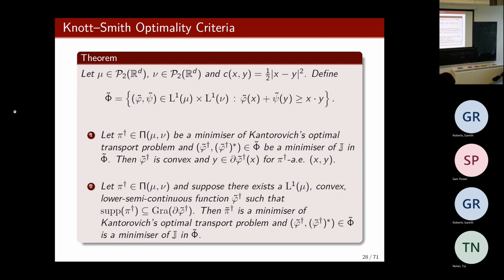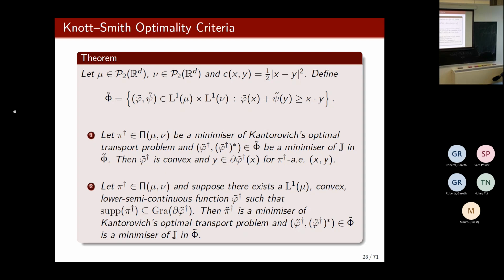Pi dagger, is it a plan? Yes, it's a plan, right? So it's in this set here, and then you minimize it, and then you have pi dagger. I don't remember what the star meant. The star is the convex conjugate. So this is the convex conjugate of pi tilde dagger. The dagger essentially means fixed.